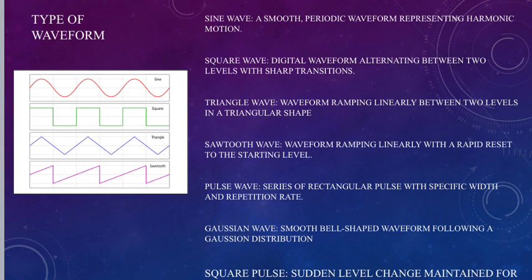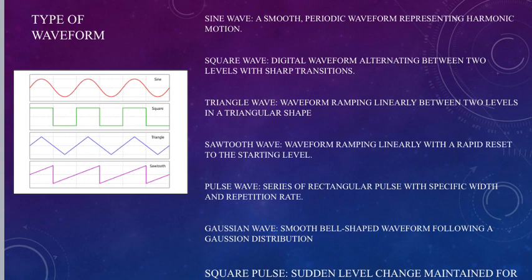First, sine wave, a smooth, periodic waveform representing harmonic motion. Square wave, digital waveform alternating between two levels with sharp transitions. Triangle wave, waveform ramping linearly between two levels in a triangular shape.